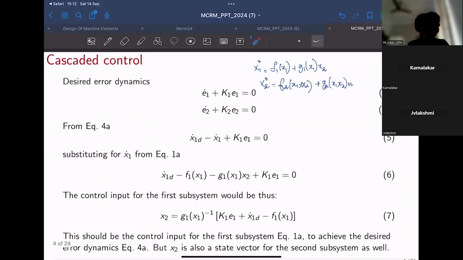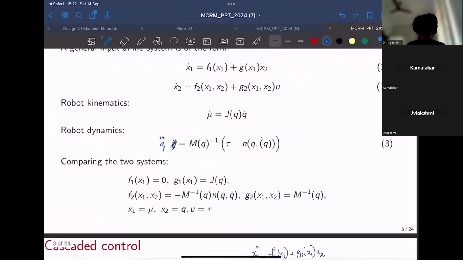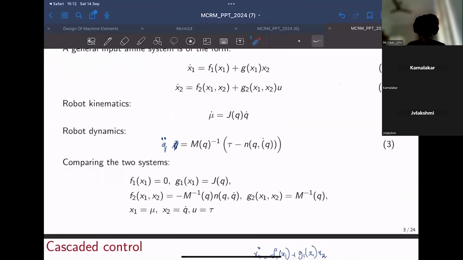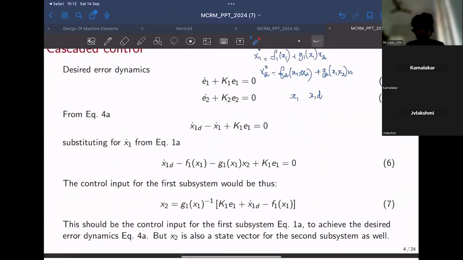For example, if x1 is the actual variable and x1 desired is the desired quantity that we want to achieve, in our case x1 is mu and x1 desired is mu desired. If we want our system to converge towards this mu desired, we want our errors to tend to 0, right? So as x1 tends to x1 desired, the error quantity tends to 0.